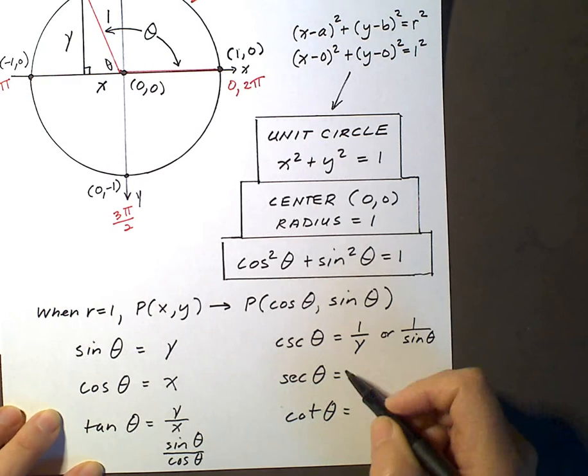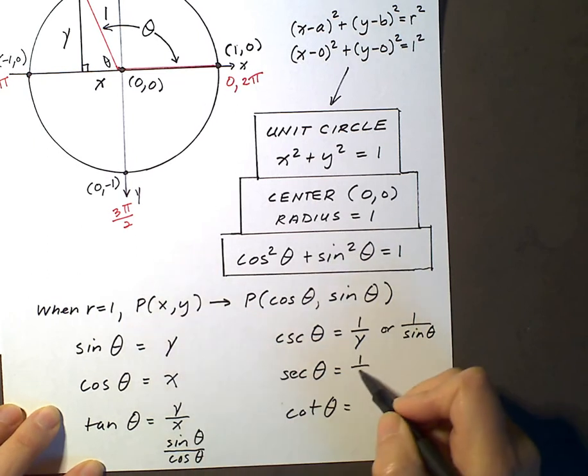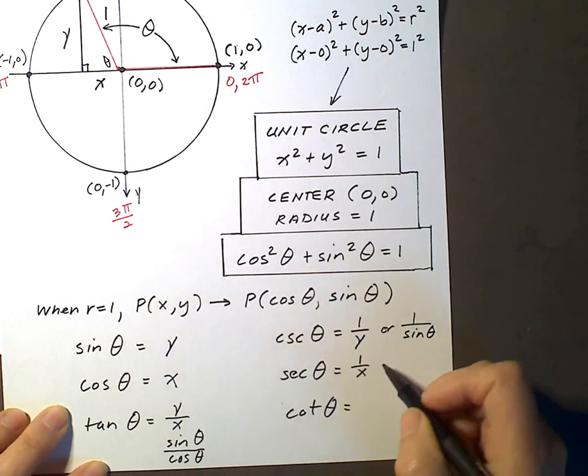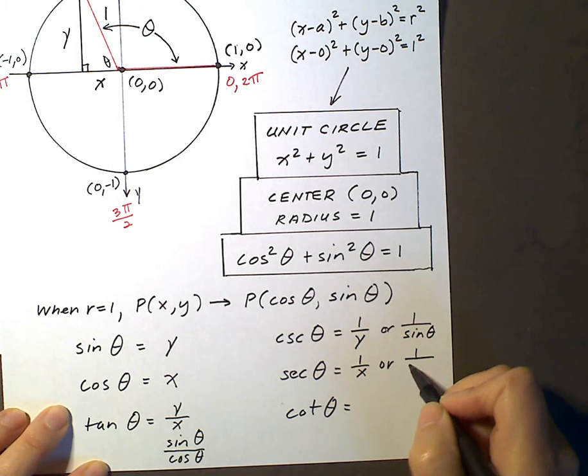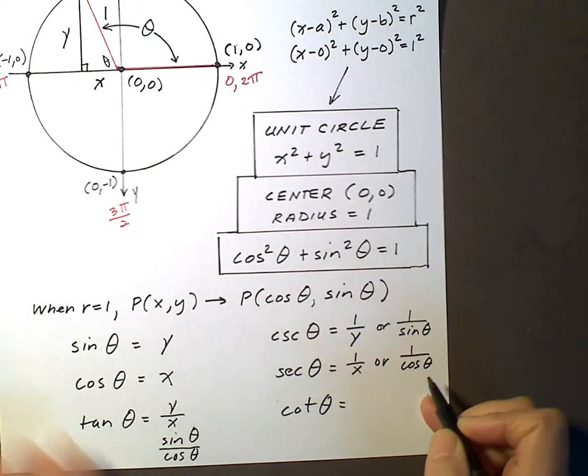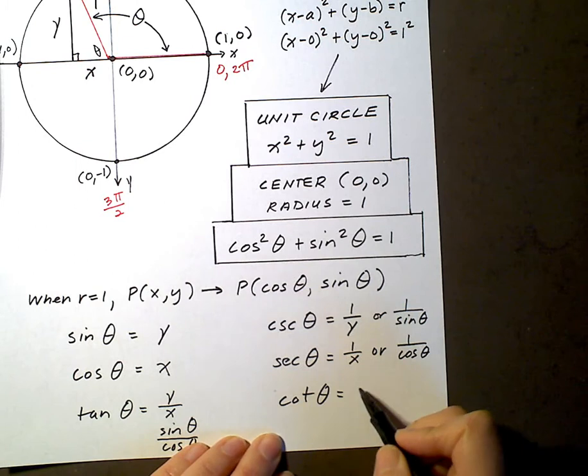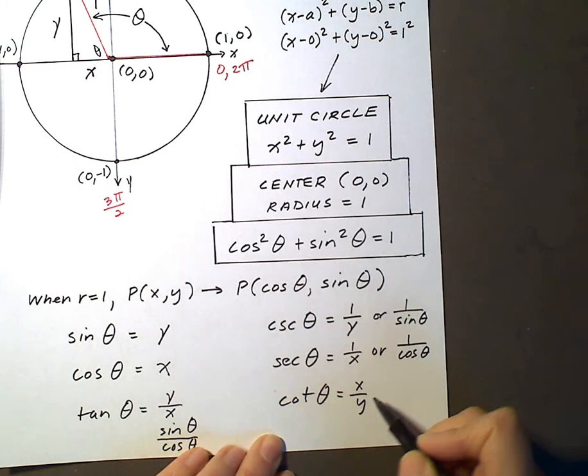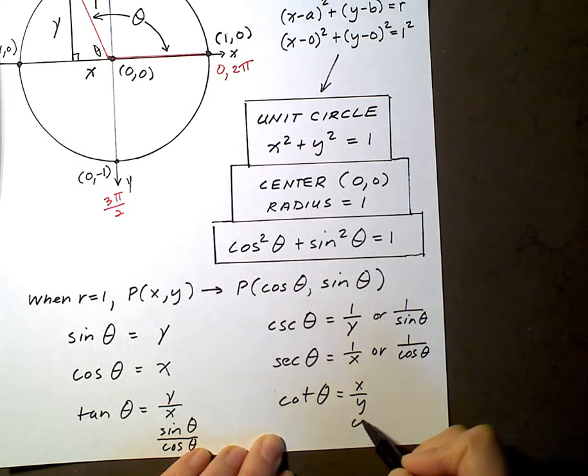The secant is the reciprocal of the cosine, so it's 1 over x. And the cotangent is the reciprocal of the tangent, so it's x over y, or the cosine of the angle over the sine of the angle.